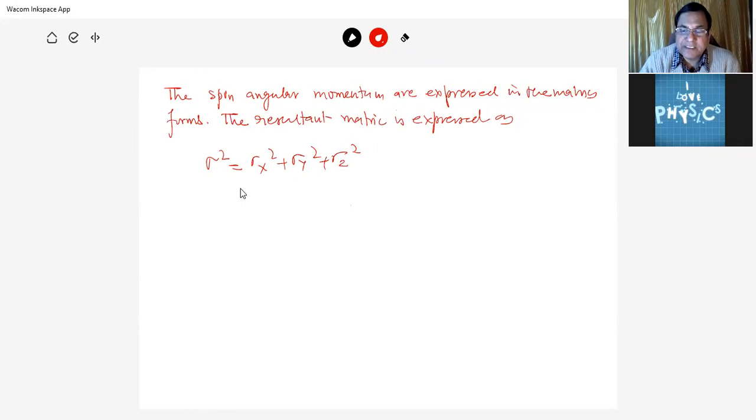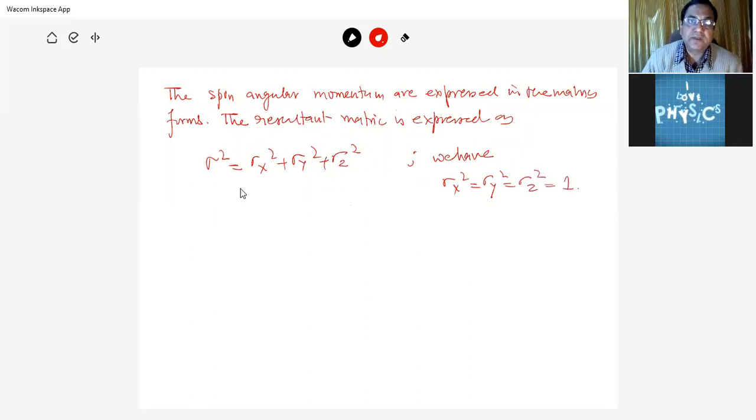And we have sigma x square is equal to sigma y square is equal to sigma z square, which is equal to 1.